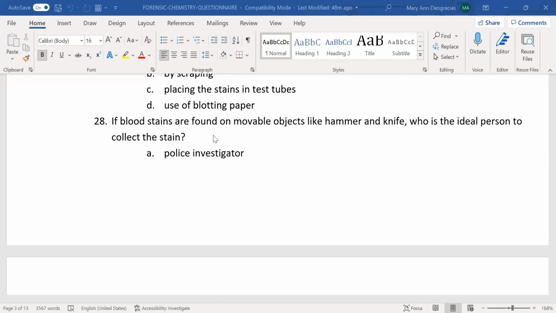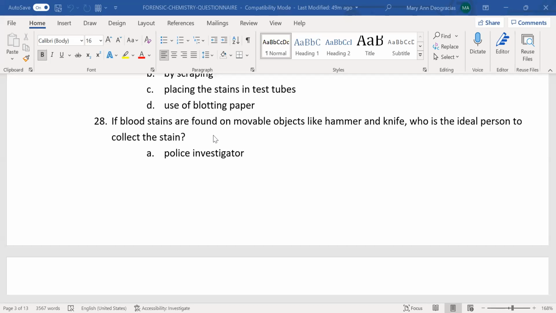Walang karapatan si SOCO na magtanggal ng blood doon sa hammer. The SOCO investigator should submit the whole hammer or the knife with the blood stain. Bahala na si chemist na magtanggal ng blood dyan. Yes, si Antolin, may question?